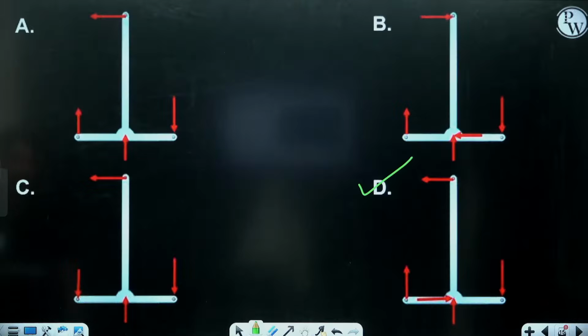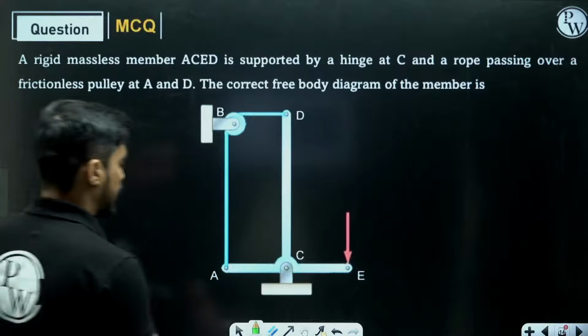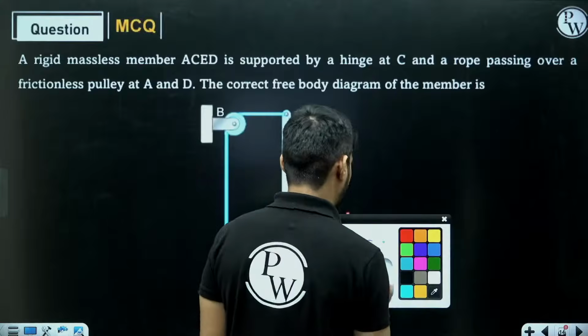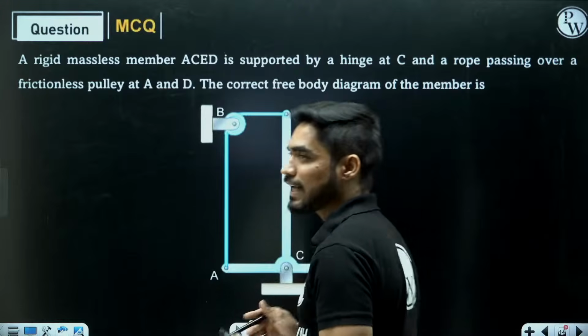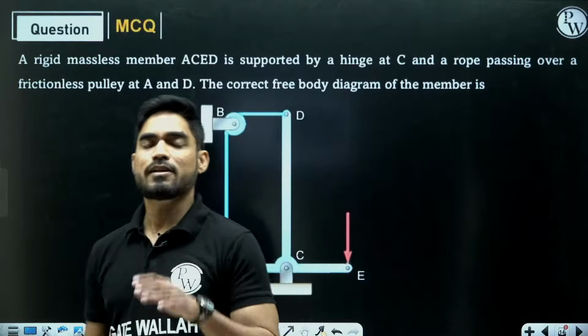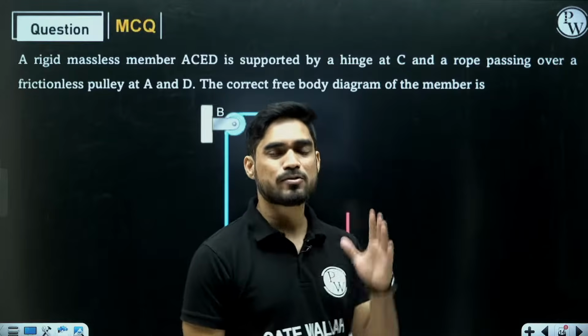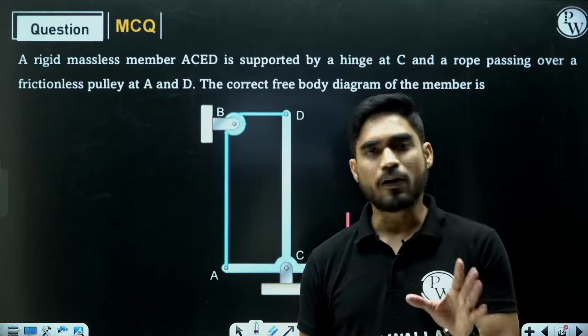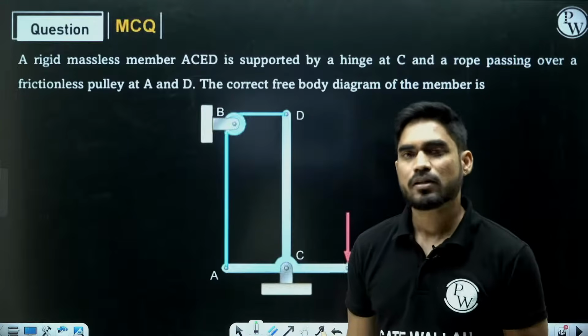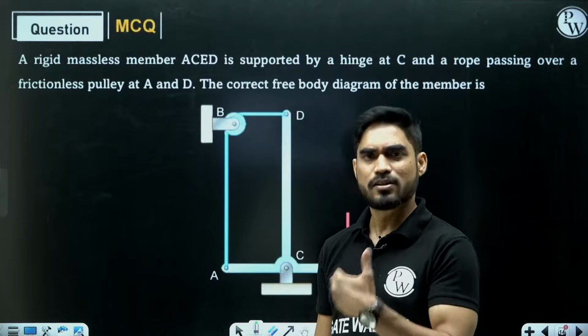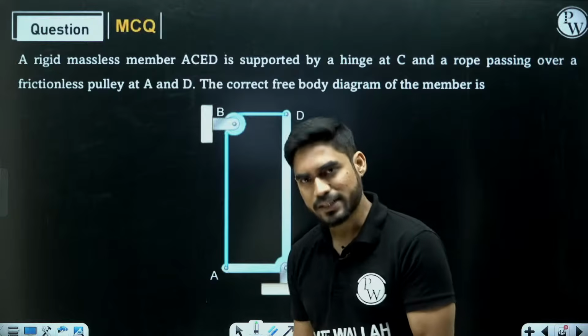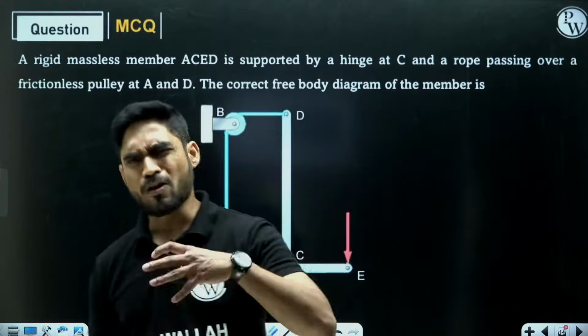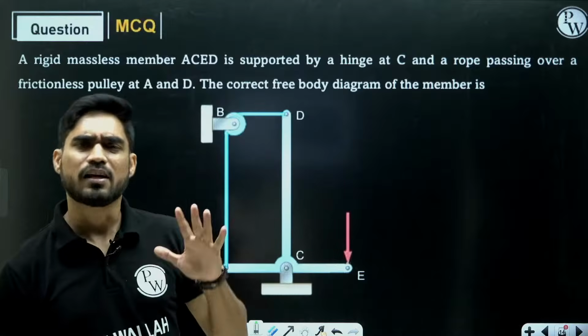Now, if you are wondering how I am going to solve the problem, how I am going to draw the free body diagram, don't worry. When we start solving problems of statics, in every problem, we will draw the free body diagram first. So even if you are not able to draw the free body diagram right now, after solving a few problems, you will learn it.